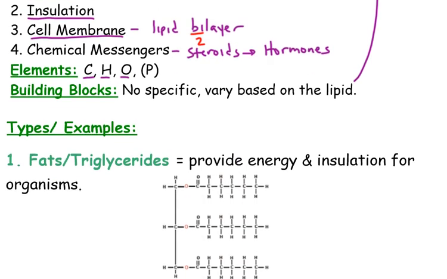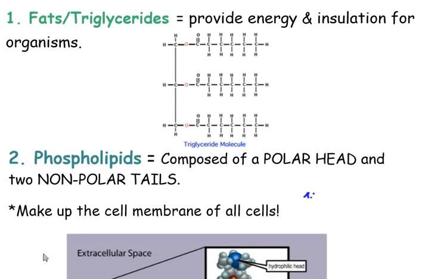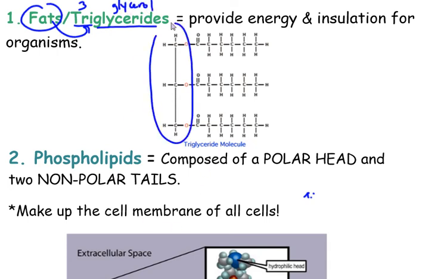So let's talk about the three different types. Our first type is called a triglyceride. Anytime you hear the word fats, we're referring to triglyceride. Okay, tri means three, and glyceride means glycerol. So what this stands for is we have what's called a glycerol head, kind of a base, or glycerol group if you'd like.